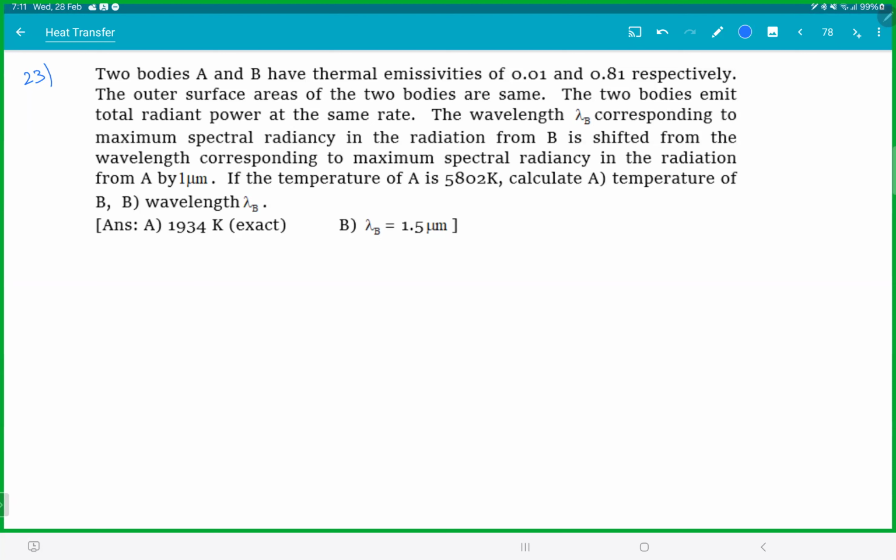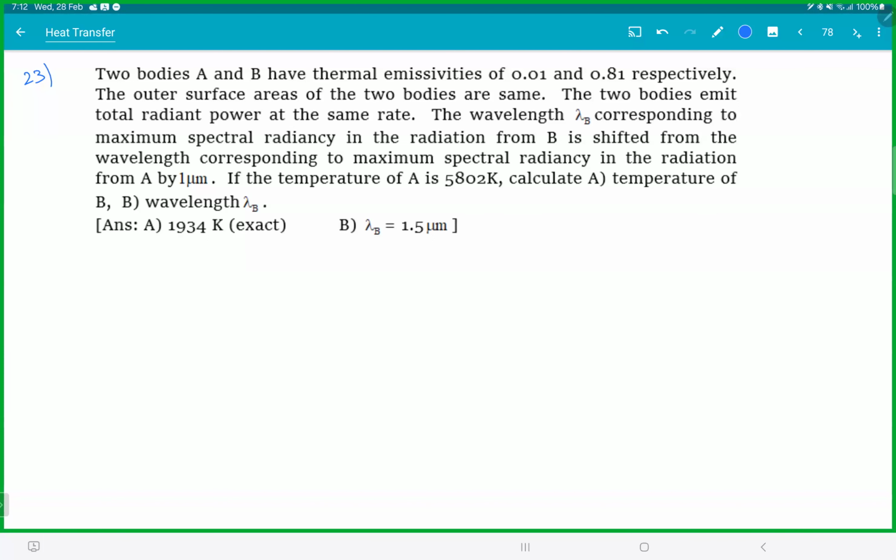Read the question. Take a minute to understand. And he's saying the difference between wavelength A and B is 1 micrometer.